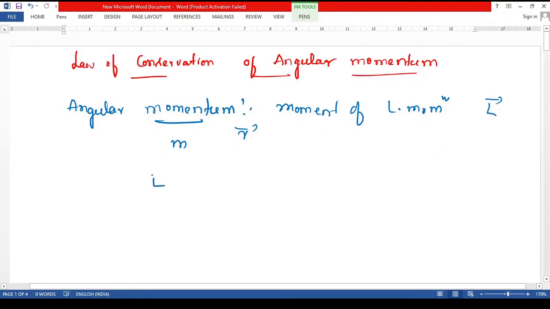The angular momentum of that particle is represented by vector L. It is the cross product of the position vector r and the linear momentum p. The direction of angular momentum is perpendicular to the plane containing vectors r and p.